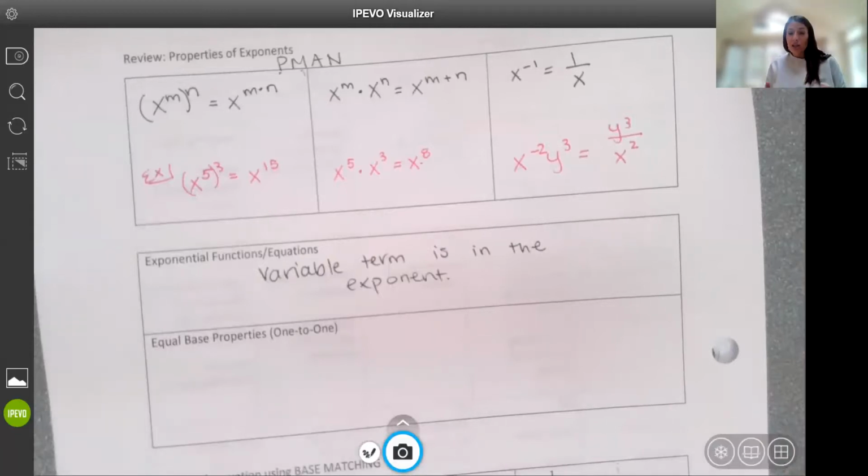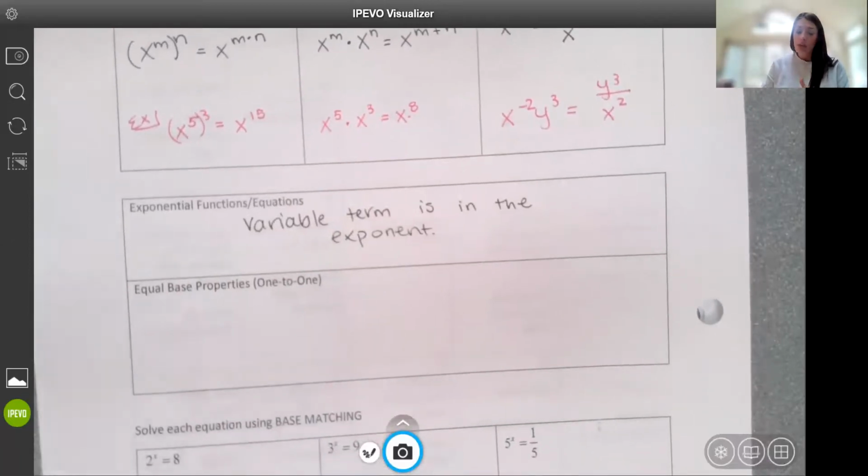We're only going to look at a certain type, which we're able to solve using what's called base matching. When you get to algebra 2, you actually start solving exponential equations with things called logarithms. We're not getting into that, but just kind of knowing that we're looking at a specific kind of exponential equation. There are others out there that we wouldn't be able to solve using the property we're going to use for today's notes. Okay, that's like in your future.